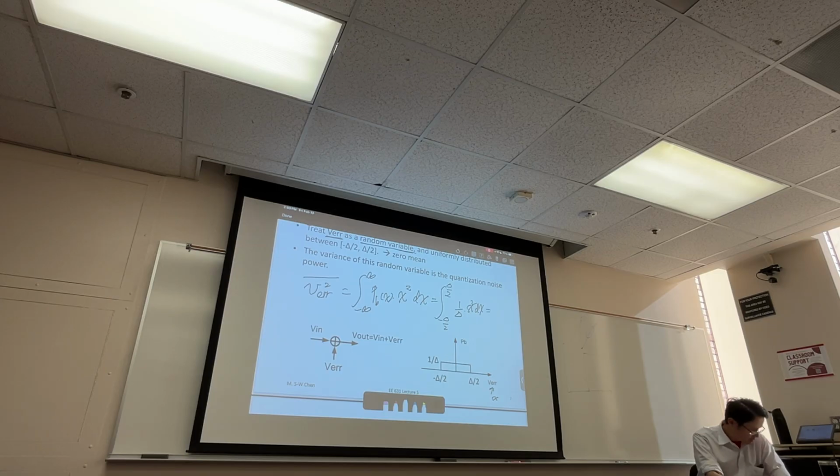Okay, let's continue. I get 1 over delta times the integral of x squared, which is x cubed over 3, evaluated from negative delta over 2 to delta over 2.